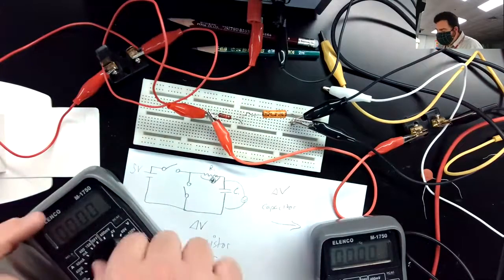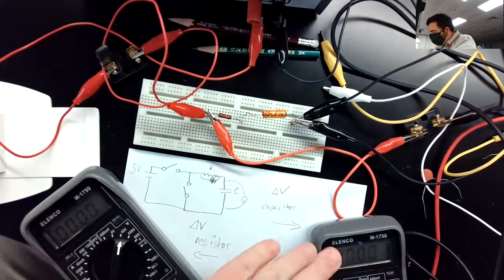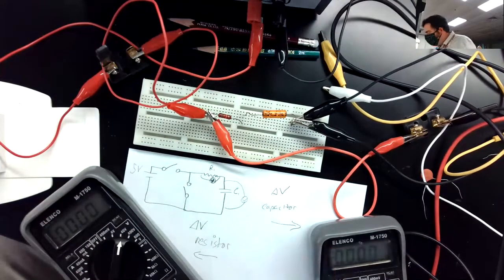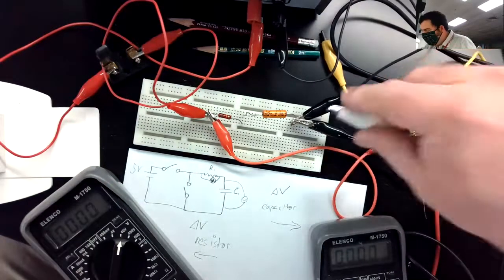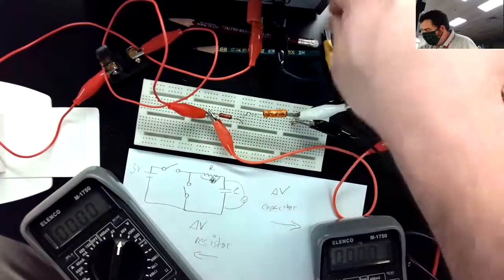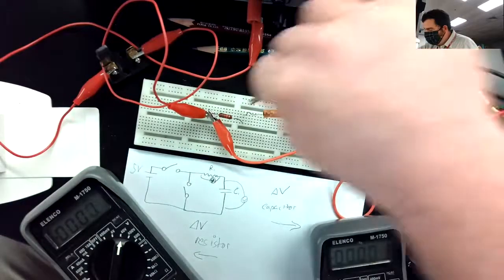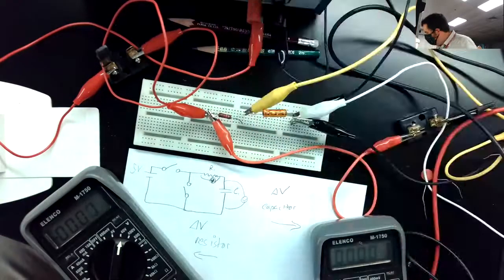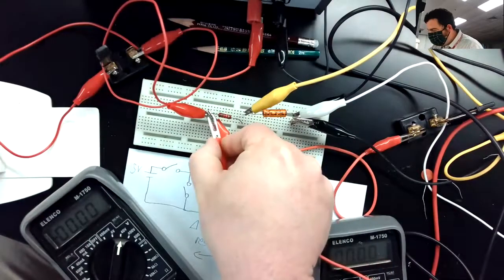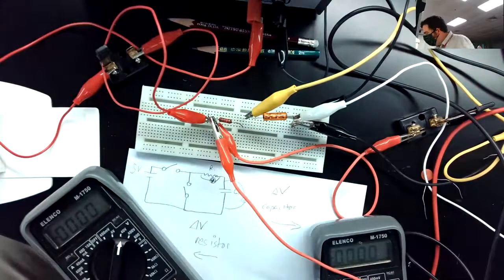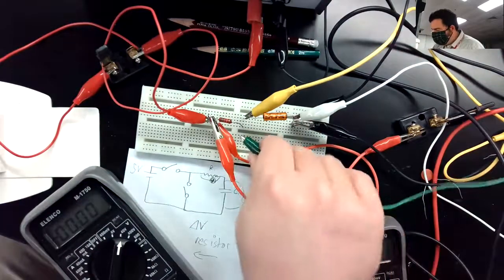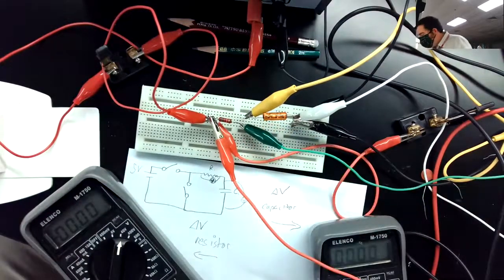The only thing left to do is make sure our meters are set right. And we'll connect the capacitor meter here. And we'll connect the resistor meter here. Don't worry if these show a negative sign, it just means the meter is hooked up opposite to what it was expected to.